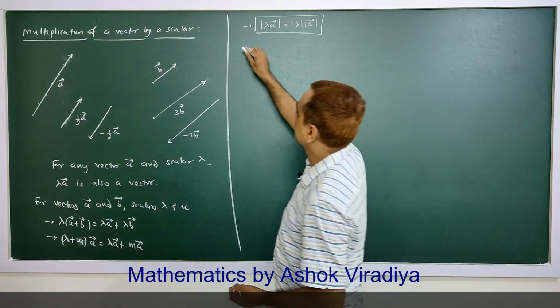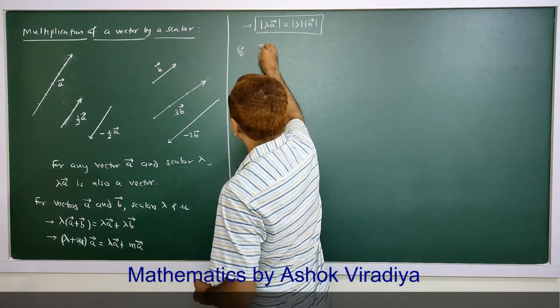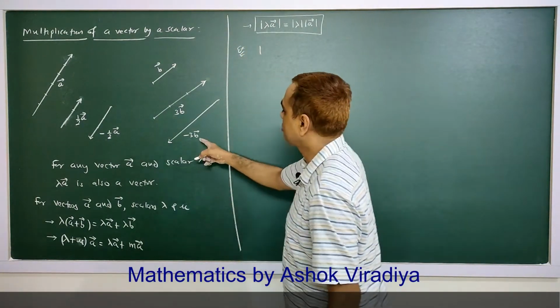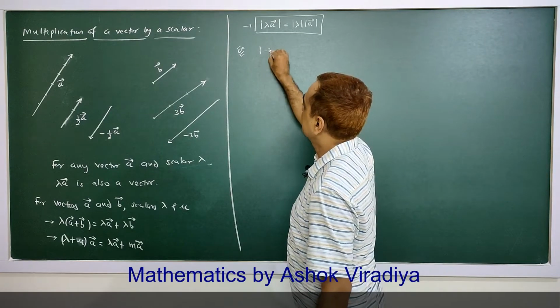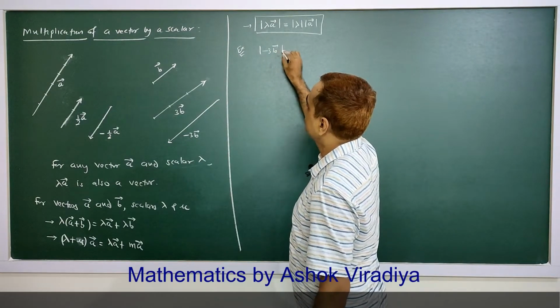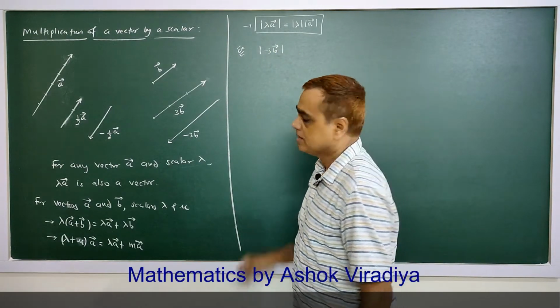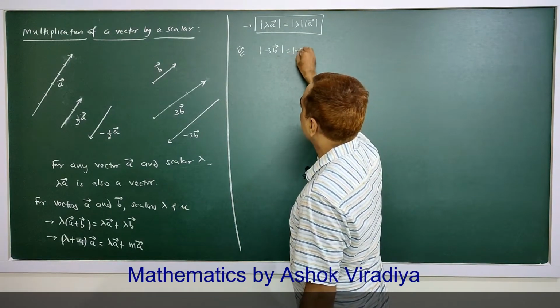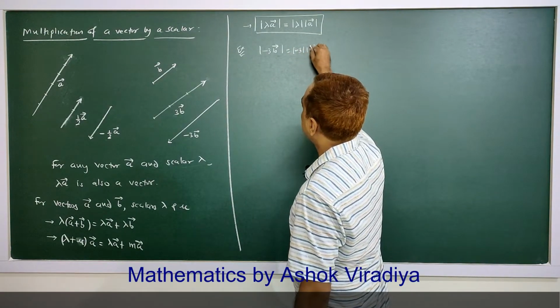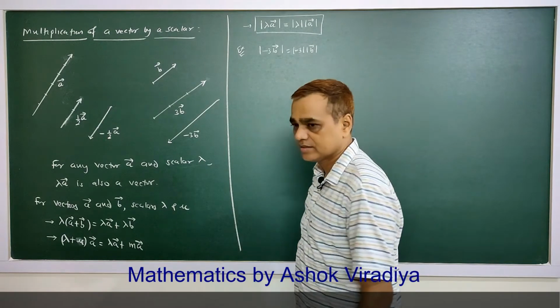As for example, suppose I talk about minus 3 times vector b. The magnitude of minus 3 times vector b is equal to the modulus of minus 3 times the magnitude of vector b.